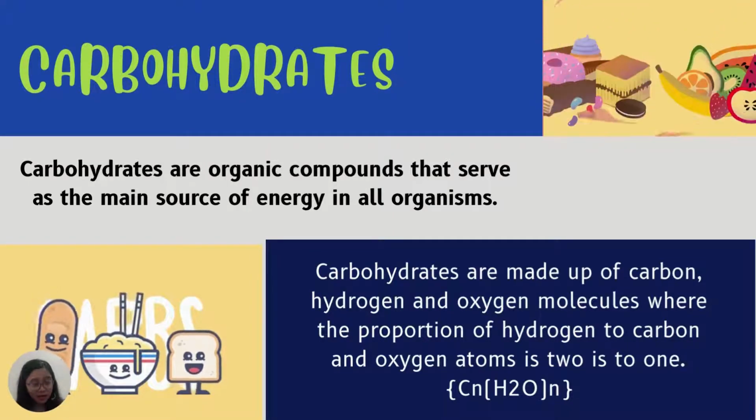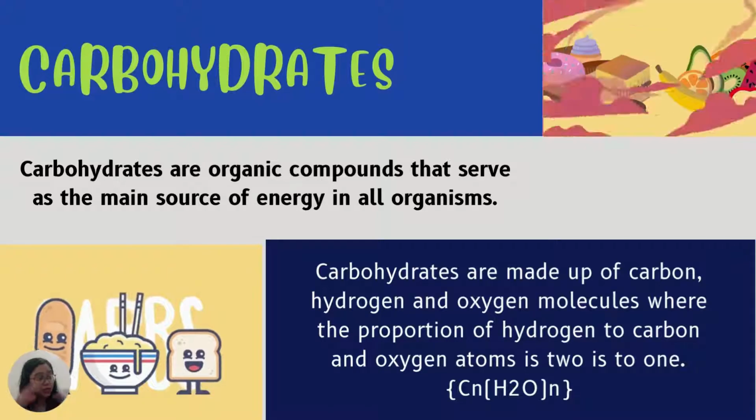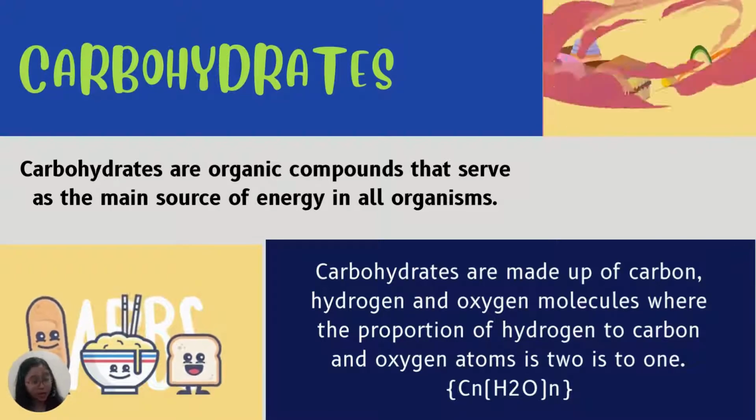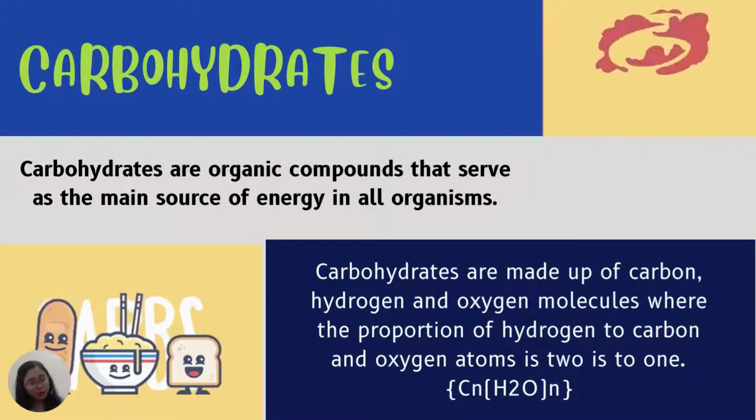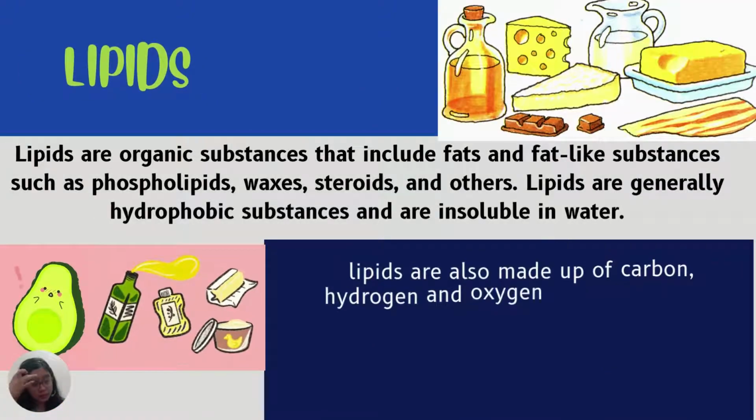Carbohydrates are made up of carbon, hydrogen, and oxygen, so those are the elements present in carbohydrates. The proportion of hydrogen to carbon and oxygen atoms is 2 to 1.